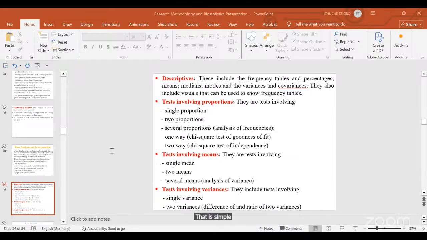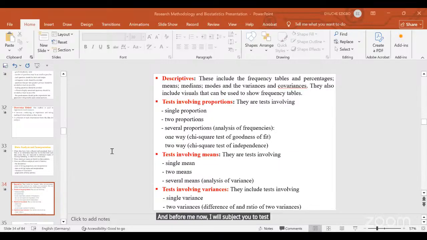So when I have stated this, I will state an alternative hypothesis that they are not all equal to 0.25, meaning that some are more than 0.25.